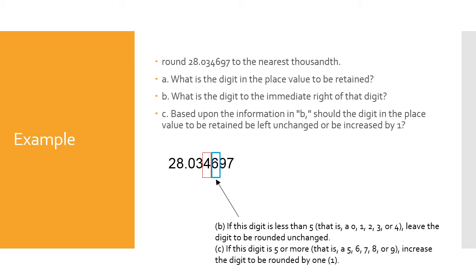So based on the information in B, our 4 is going to be rounded. We're going to use the 6 to decide if the 4 is going to be retained as a 4 or if it's going to increase by 1. So I got a little arrow there. The digit, that blue guy, the 6, it's not less than 5.